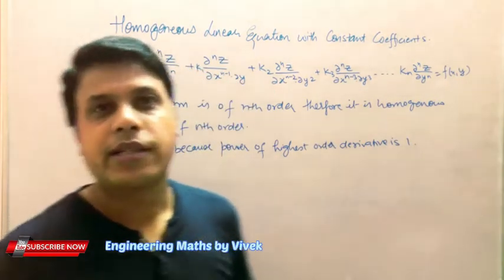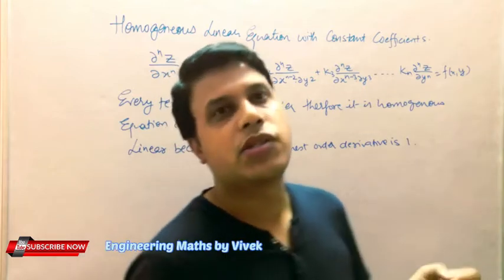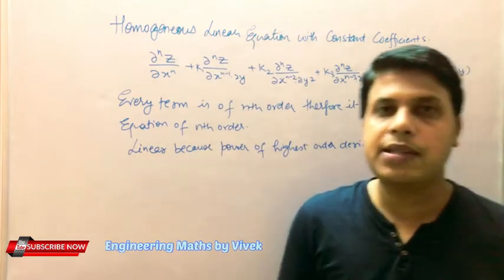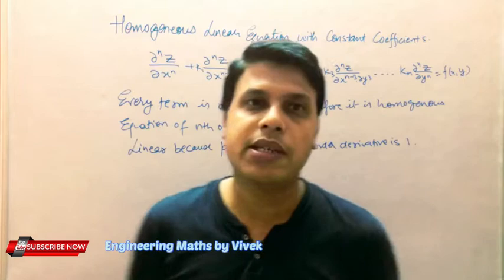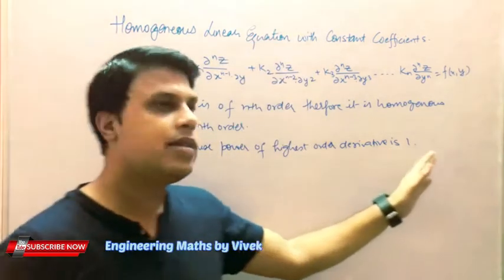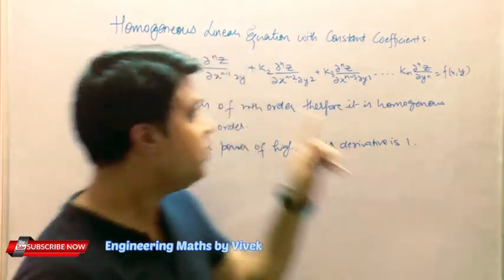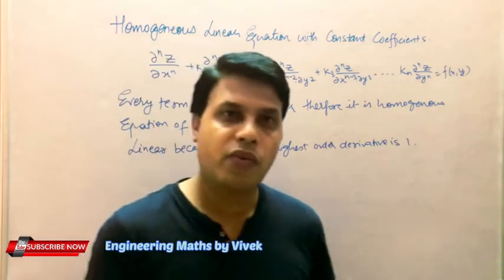The highest order is n, and every term consists of nth order. That's why it is homogeneous. And why are we saying that it is linear? Because the power of every term is 1.